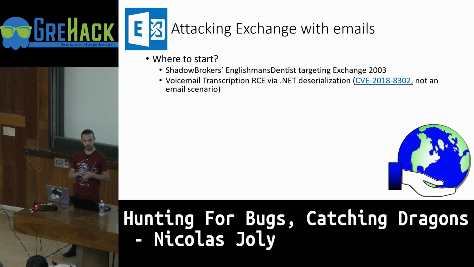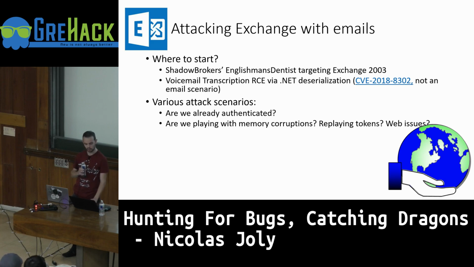The attack would work like this: you would have to leave a voicemail message, and then with some tricks, you were able to deserialize some .NET component and get remote code execution. So not necessarily something that has to do with an email, but still something affecting Exchange. That's why I put it here.